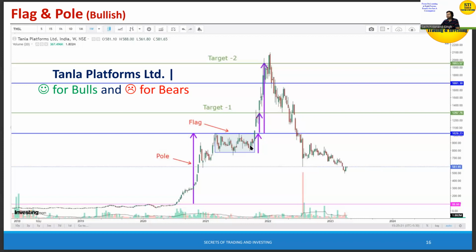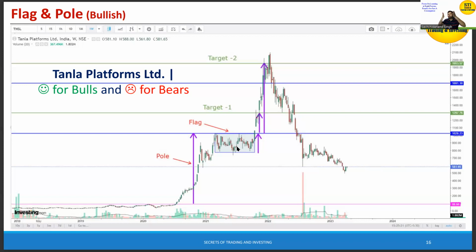So it is giving me kind of a rectangular shape. And where it is clearly breaking this top of the flag line, this is the ideal point to make an entry. And okay, so your first target will be the height of your flag.